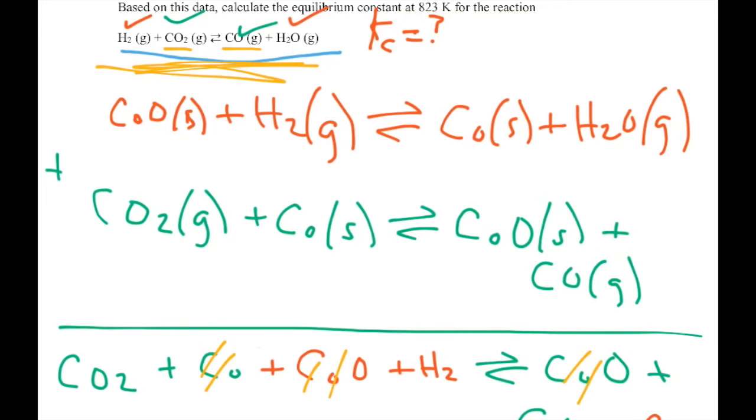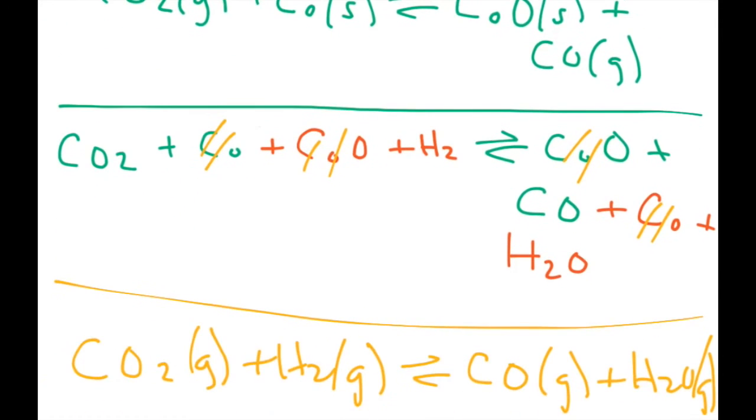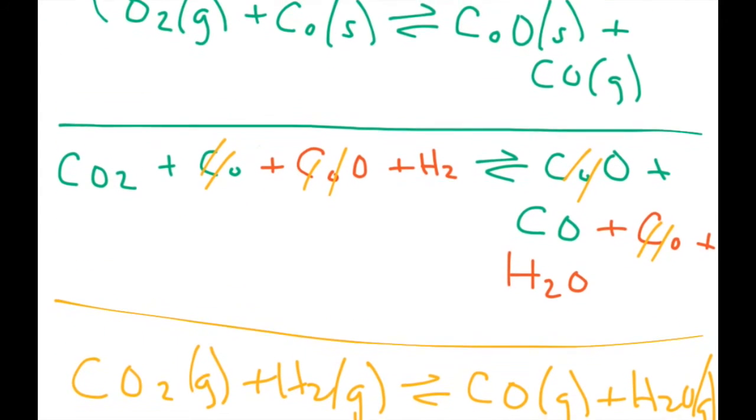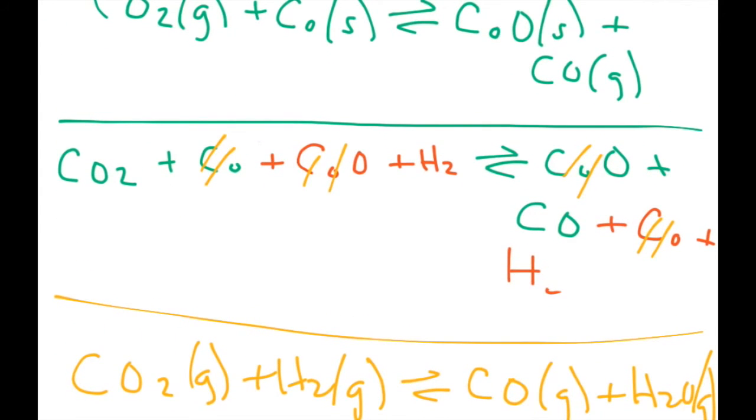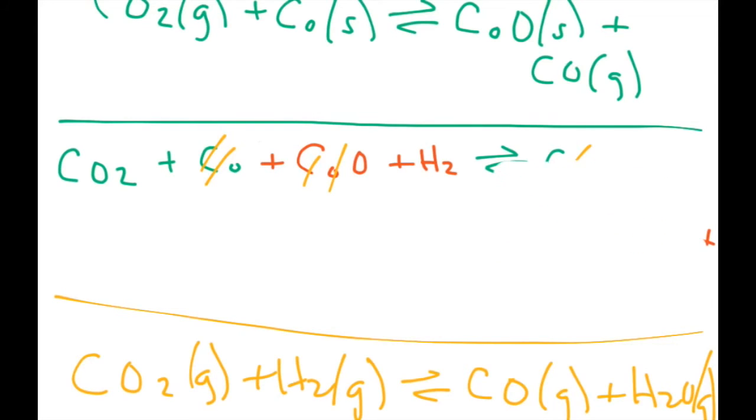So Hess's law, if you remember from chapter 5, was such that when you added the subcomponent reactions, you could just add the delta H values. However, with equilibrium constants, that's not so. We'll just erase this work here, just so we have a little more room.